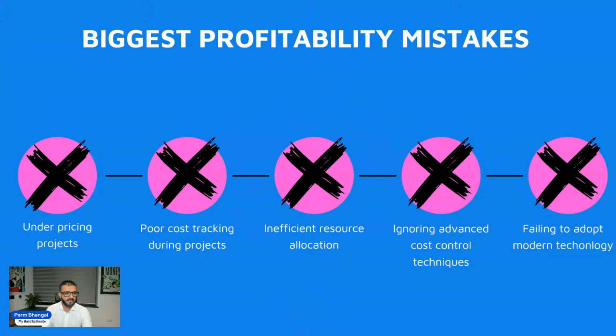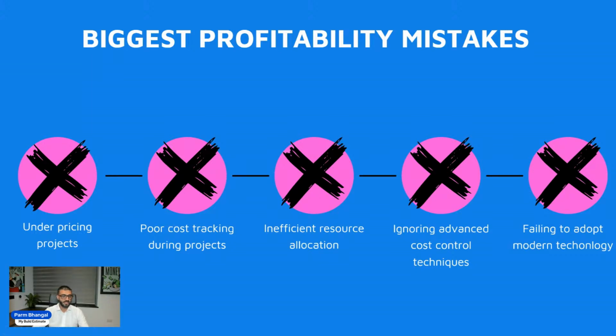So now we're going to look at the biggest profitability mistakes. Obviously, underpricing projects is definitely going to be one of the key ones. If you underprice a project and you rush that pricing, it's going to cause you a problem during that construction period.